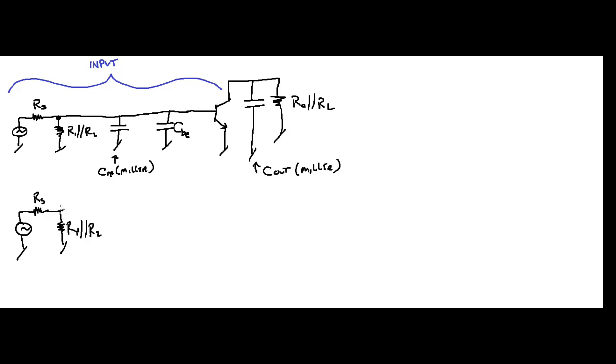Now, think about this. Remember we talked about R in base? It's this part right here. So that's the only part left. I'm talking about resistance, not capacitance right now, just for the resistance. That's the only other resistance left. So let's include that here, shall we?